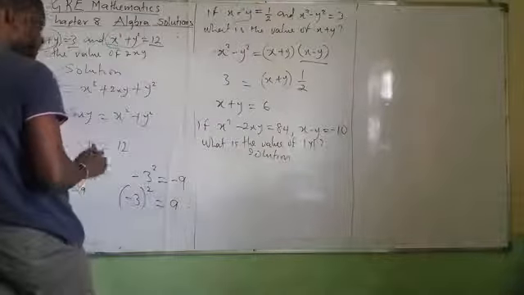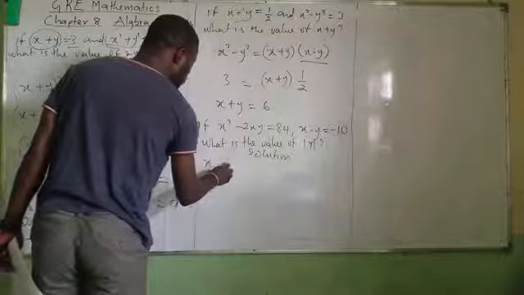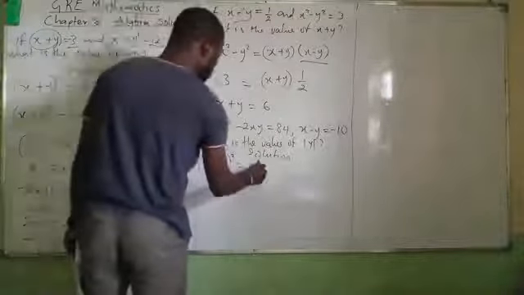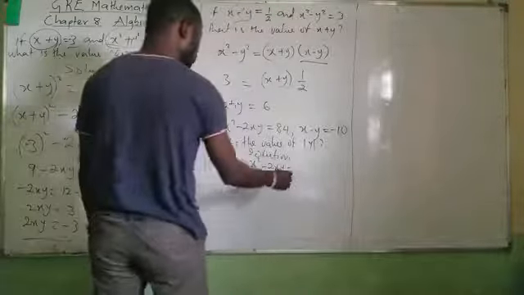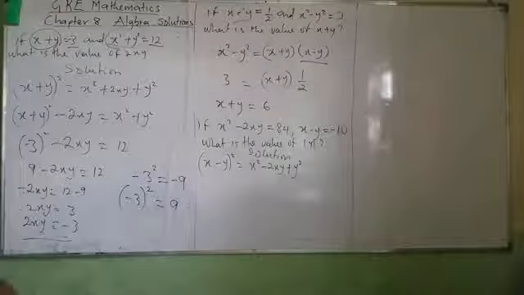The best I can do is that I can declare (x minus y) squared will surely give me something like x squared minus 2xy plus y squared. Yes, I think I'm doing well.